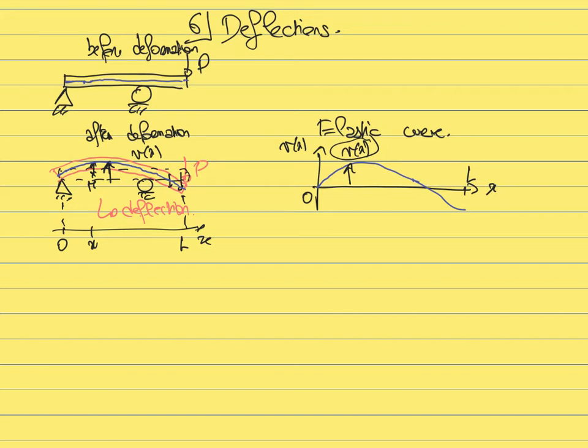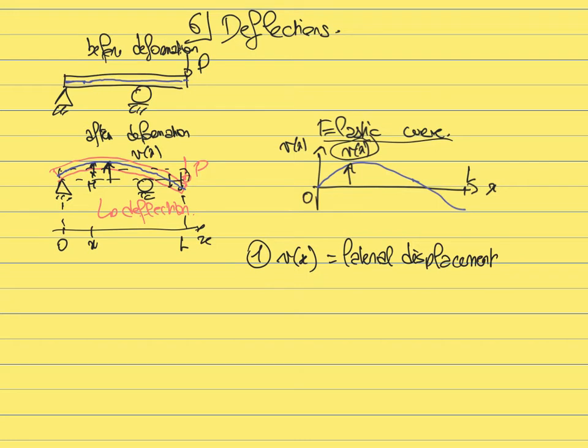When it comes to describing this elastic curve, there are really three geometrical features that will matter. The first thing is the value of the function itself. If you take the value of this function v at a given x, it gives you the lateral displacement of the beam at that position x.